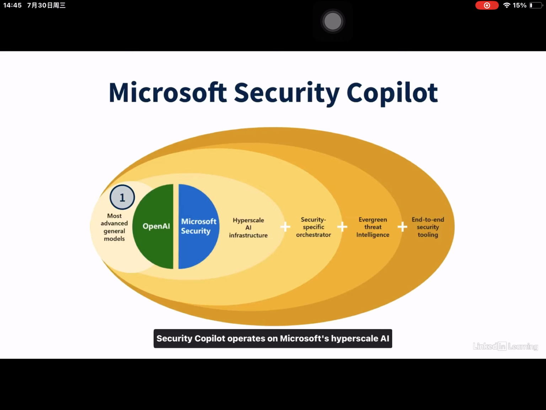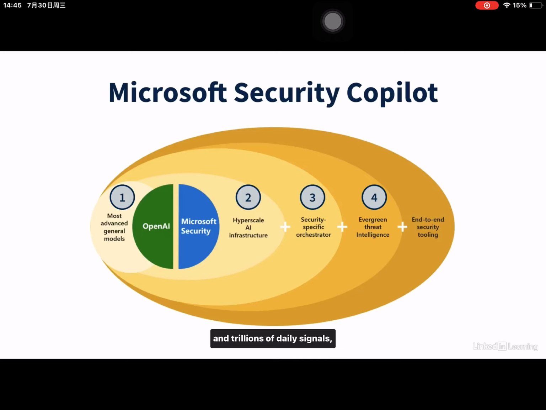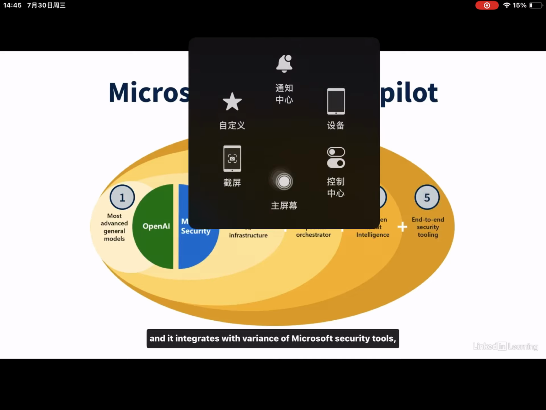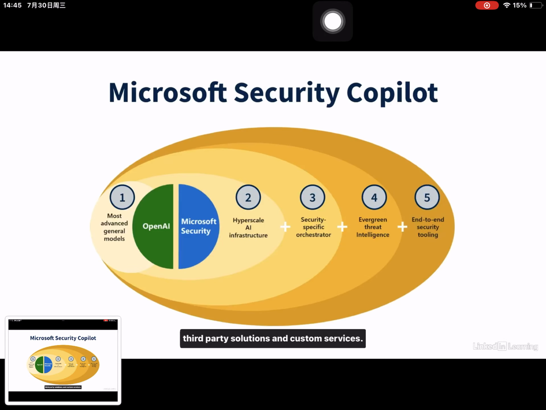Security Copilot operates on Microsoft's hyperscale AI and cloud infrastructure. It orchestrates security processes and tools seamlessly. It leverages Microsoft's global threat intelligence and trillions of daily signals. And it integrates with various Microsoft security tools, third-party solutions, and custom services.